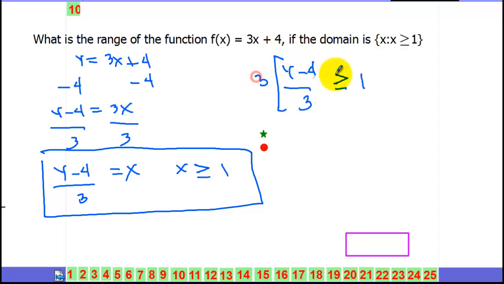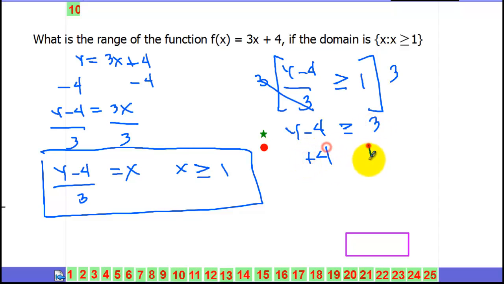So multiply both sides by 3. We'll get y minus 4 greater than or equal to 3. Add 4 to both sides, we'll get y greater than or equal to 7. So this is the range of the function 3x plus 4 if the domain is greater than or equal to 1. Alright, there we go.